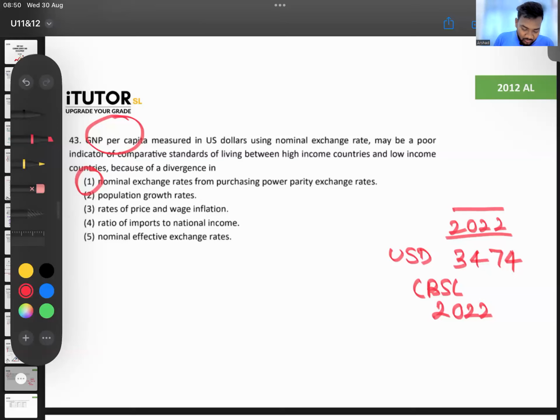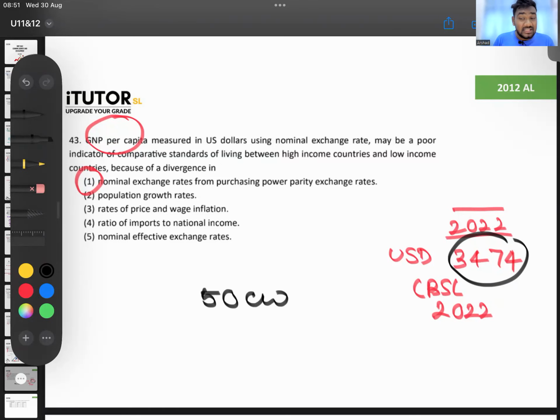Okay, so why is this not a good measure, guys? Now, in Sri Lanka, per capita GNI is 3,474. But let's say in the US per capita GNI is, maybe 12,000 US dollars. Okay, not 12,000, maybe more. Let's say it's around 50,000 US dollars. Why is this not a good measure to compare a poor and a high living standard country, guys?